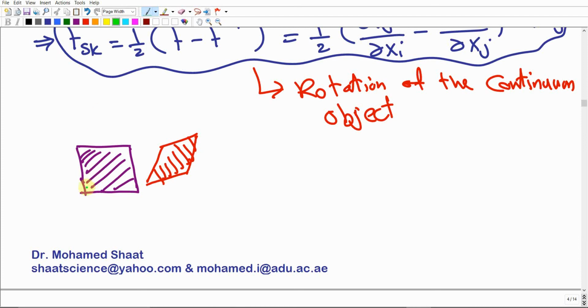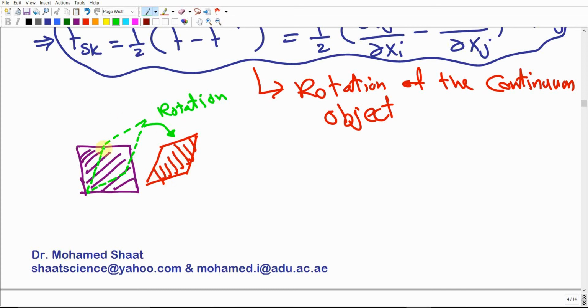You could consider that initially it has experienced some deformations, changes in the shape and the dimensions. Then it has been rotated. So there is rotation in this way. It could rotate first, then deform or change the shape, or it could change the shape, then rotate. So it has both of them together, right?